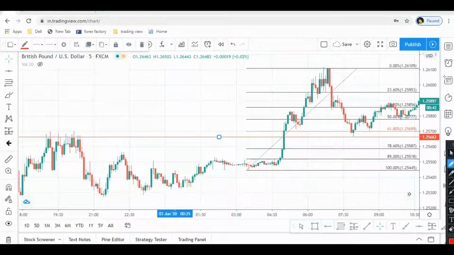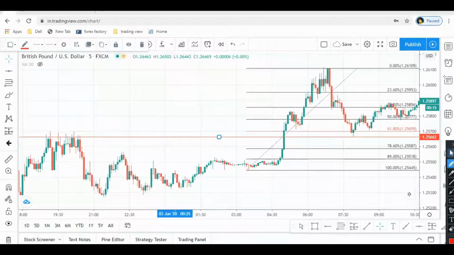So this is why I would always place my buy order in this particular area, in this particular red line, and my take profit would be at the nearest retracement, which is 50. So as you can see in front of your eyes how nicely this works.